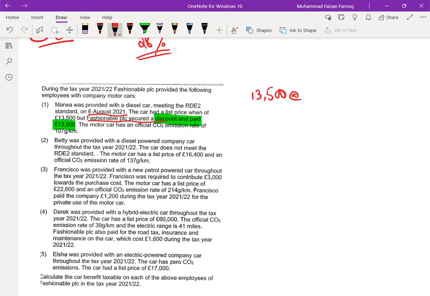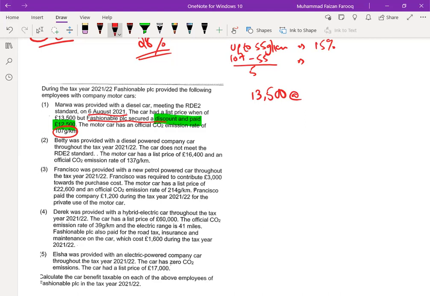How to compute the rate? It's 25%. How? Up to 55 grams, it's fixed at how much? 15%. 15 and then? Then 107 minus 55 divided by 5 is 10%.